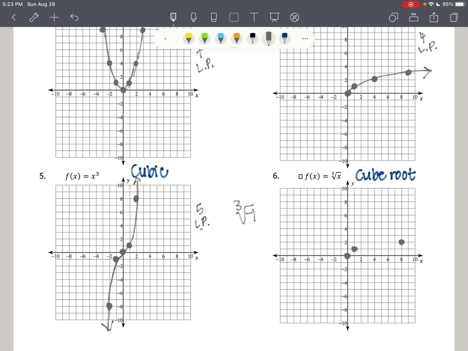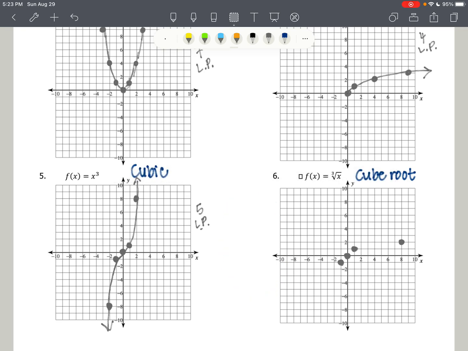The cube root of -1 is allowed. It's -1. And the reason it is -1 is because -1 times itself 3 times gives you -1. So negative numbers raised to a third power are still negative.